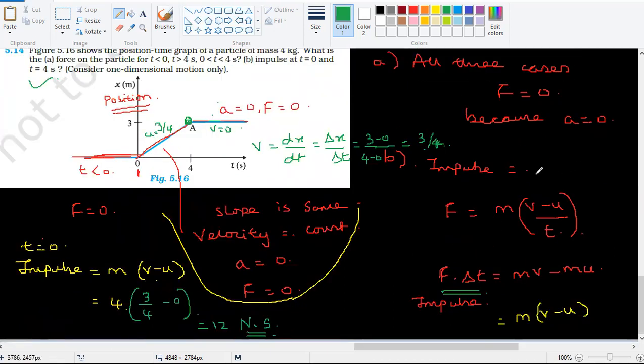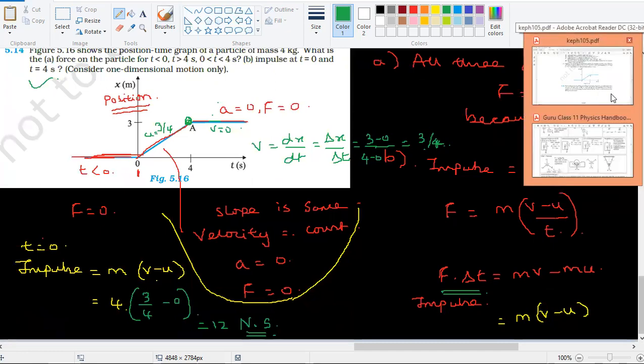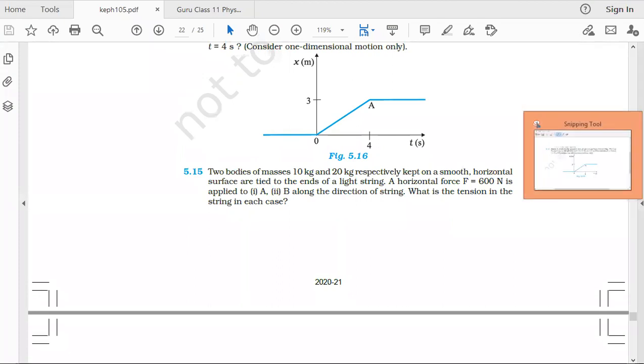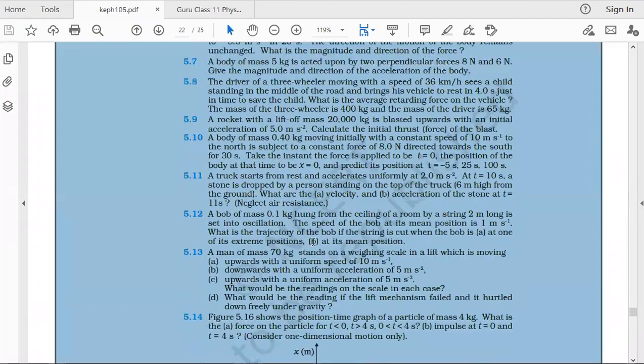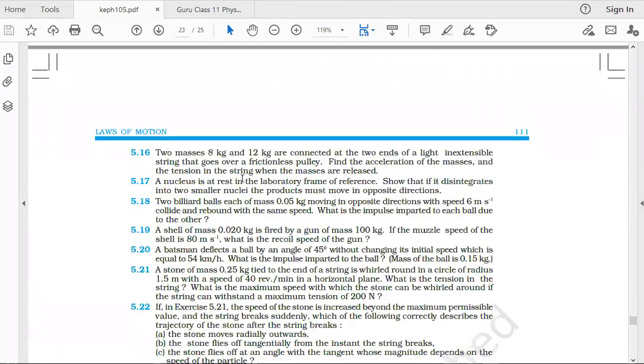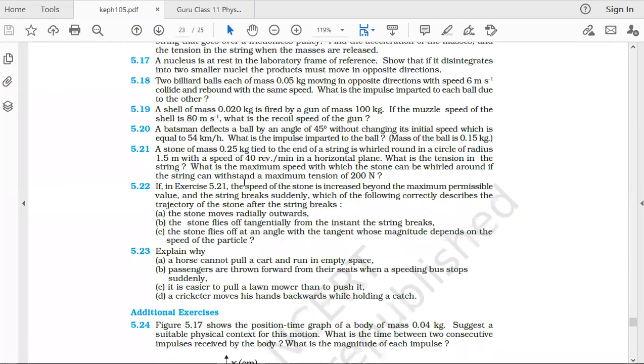Anybody still copying? Any doubts? I'm going to quickly give you the idea for the 15th one. With that, we would have finished all of this 110th page. So homework is you should have finished the examples by this time.